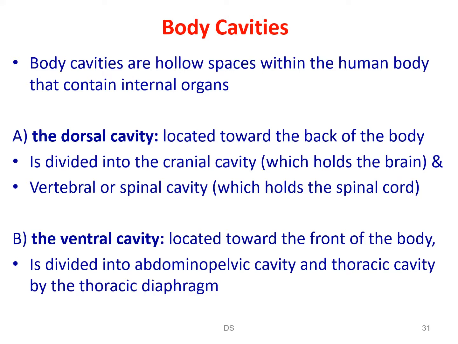The other is cavity. Cavity means a hollow space. If this is a box, and this is the wall of the box, all the hollow or empty space is called what? Cavity. Within our body there are cavities, hollow spaces, like the skull.